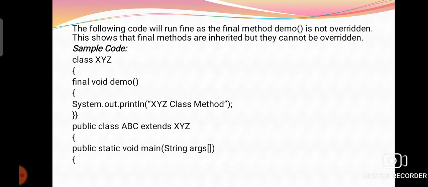The next possibility is that we can simply inherit the final method from the superclass, but we cannot override that method. In this code we see the same kind of superclass and subclass. Superclass XYZ has the same final method, and the subclass ABC extends XYZ.